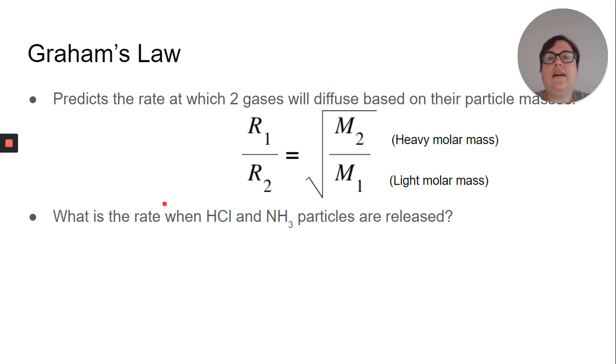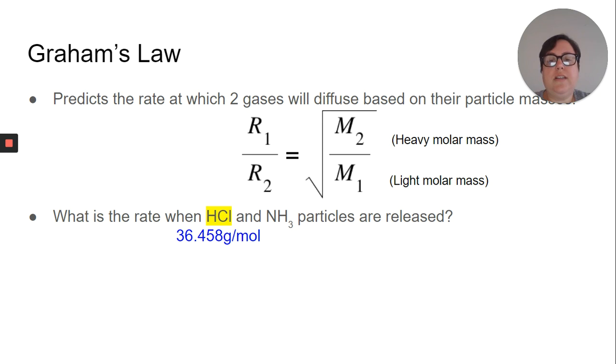So when we're looking at our example here, what is the rate of HCl compared to NH3? We have to know which one is the fastest and which one's the slowest. We have to know the molar masses. So for HCl, we're going to add hydrogen and chlorine, and we get 36.5.